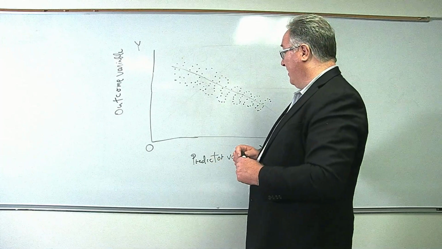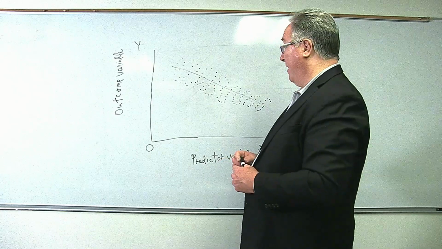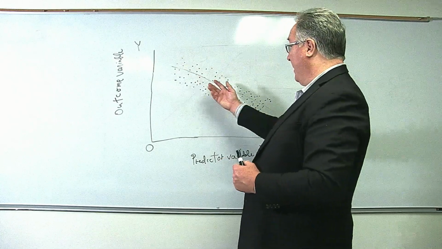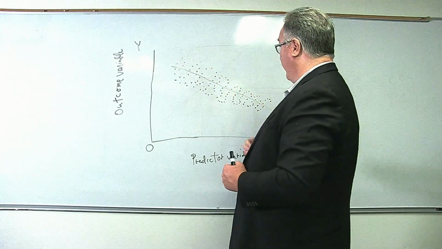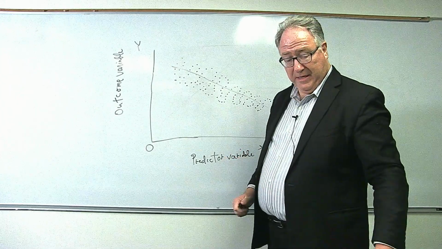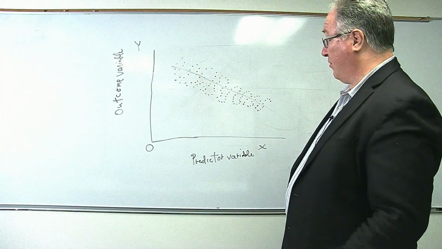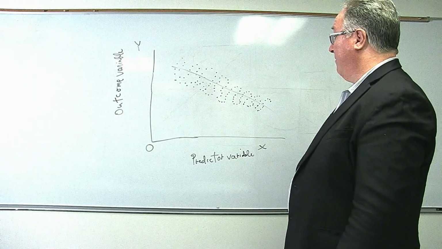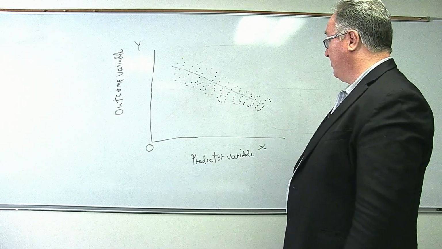And that'd be called a negative relationship. But anyway, it's a linear relationship as well. So the linear relationships can occur in different directions, but in both cases, they're linear relationships.